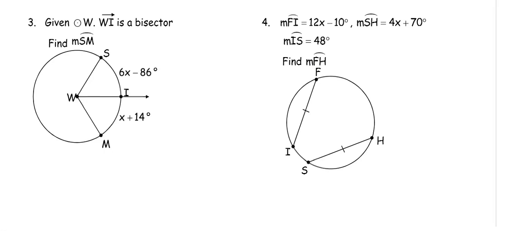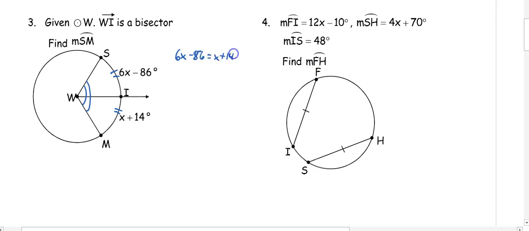Number 3, given circle WI is a bisector. So this angle is bisected into two congruent parts, which means that these arcs are going to be congruent. So we can set them equal. So we would have 6x minus 86 is equal to x plus 14. So I'd get 5x equals 100.